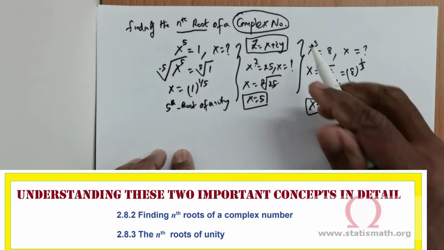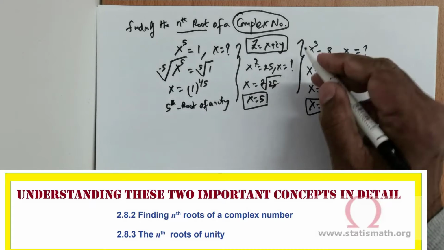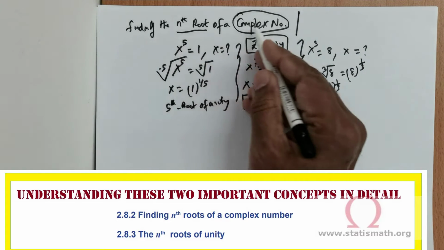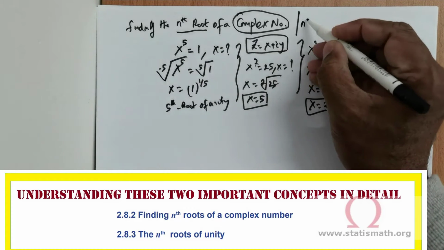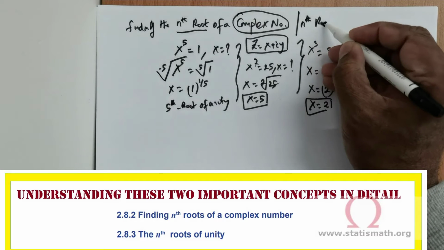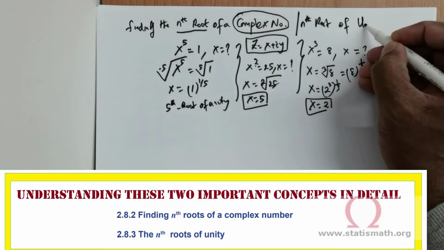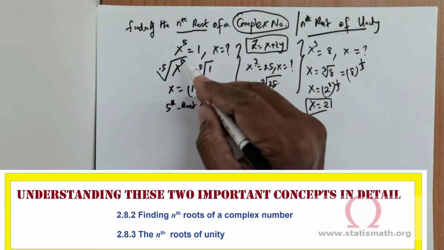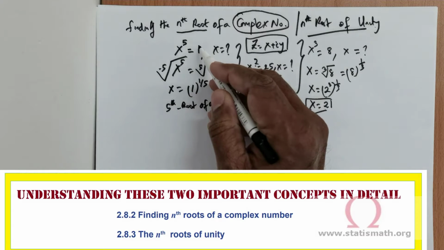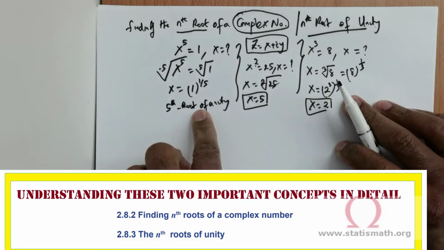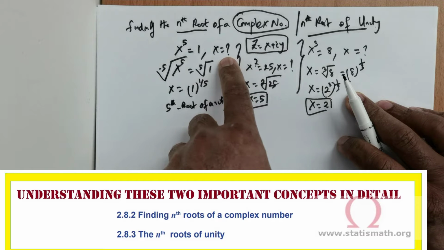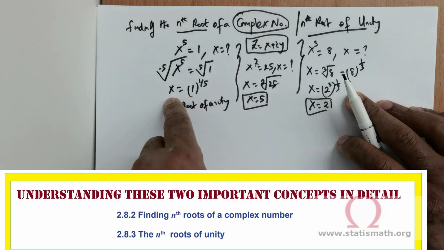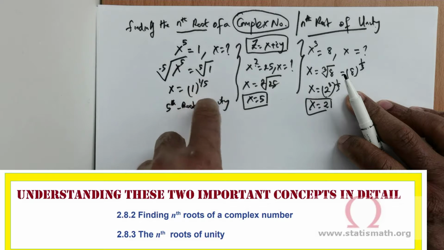Now, there are two parts in this particular topic. One is to find the nth root of a complex number. The other is to find the nth root of unity. If I have the number 1 on the right side and I am expected to find the value of x, then I would call that quantity the fifth root of unity.